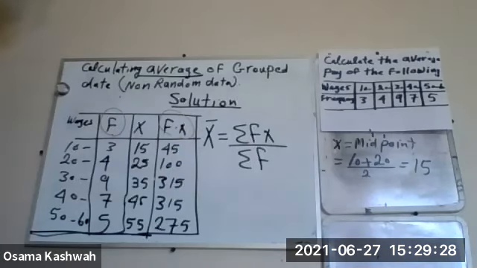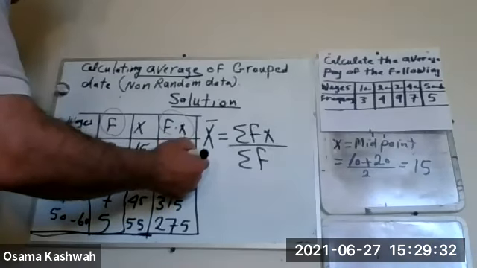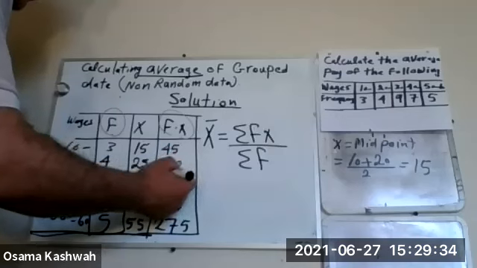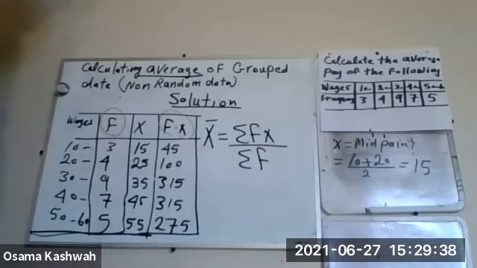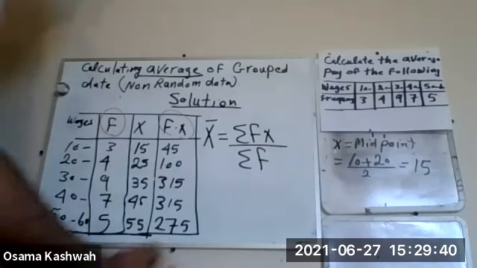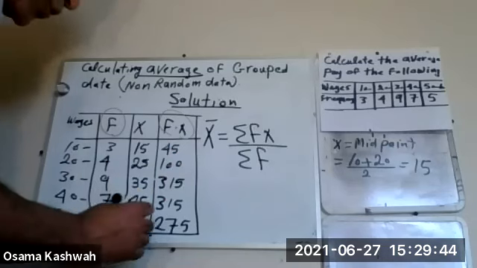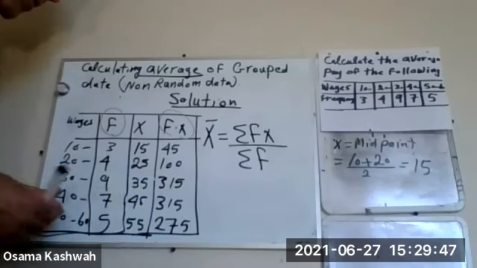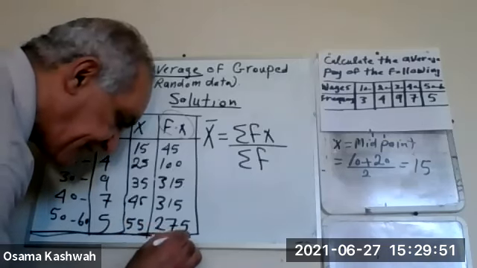Very simple. Fx here, when you calculate all this together, 45 plus 100 plus this is 630, 730, 275 and 240, all will come to 1050.